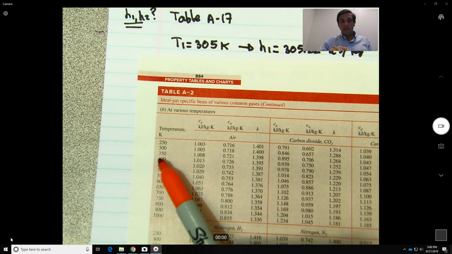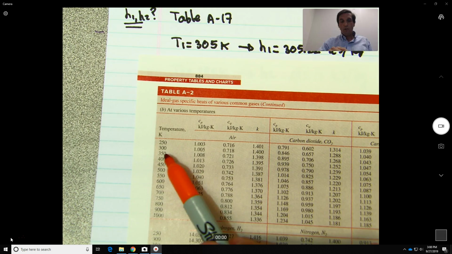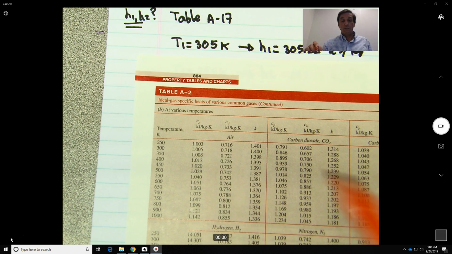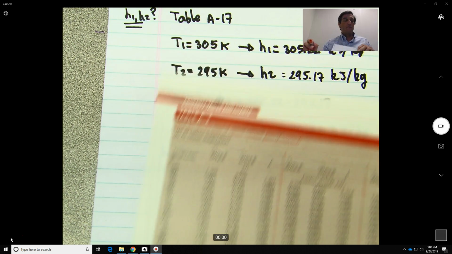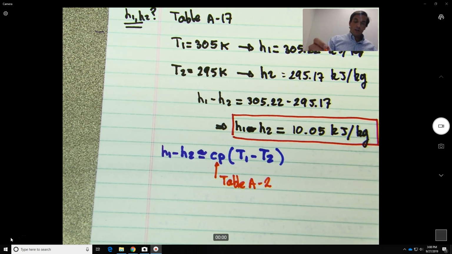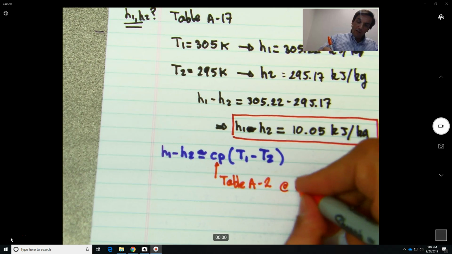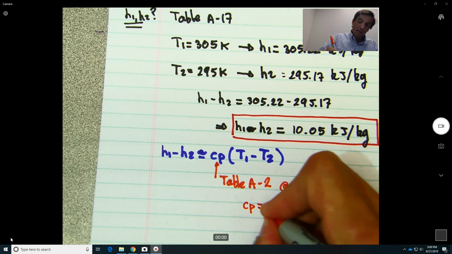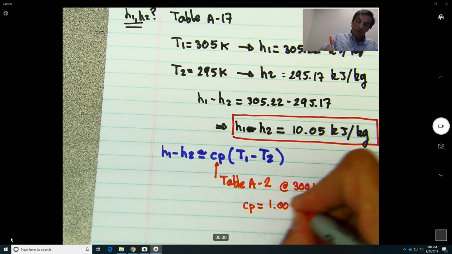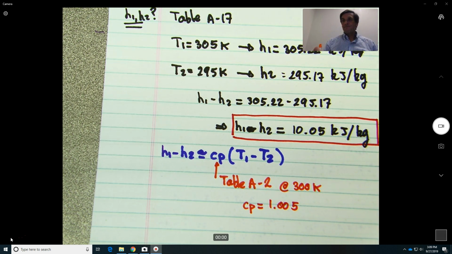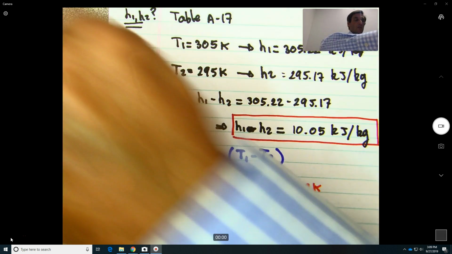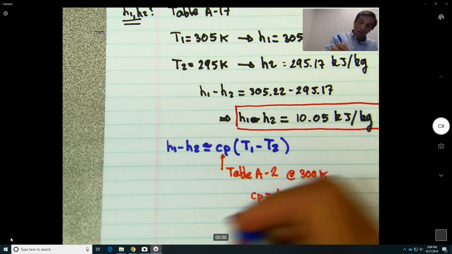So let's take it at 300 degrees. So we see that Cp will be equal to 1.005. So table A2 at 300 Kelvin, we have that Cp is equal to 1.005 kilojoules per kilogram Kelvin.